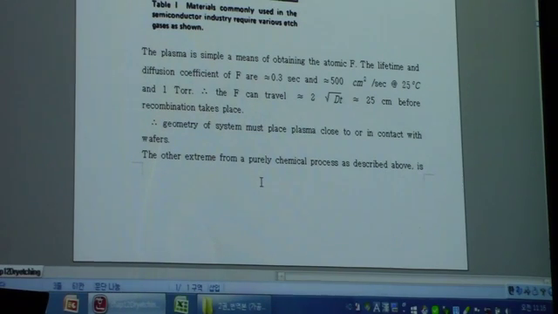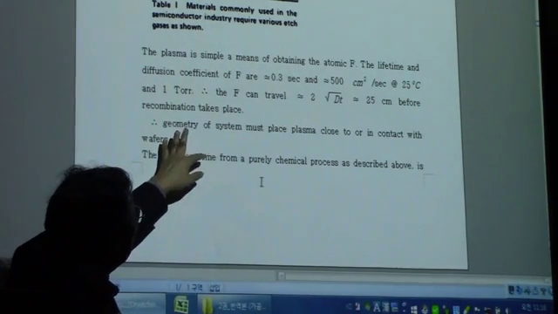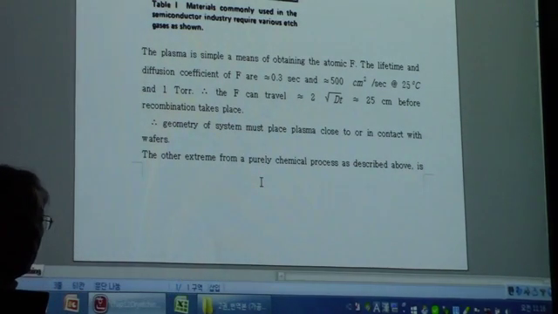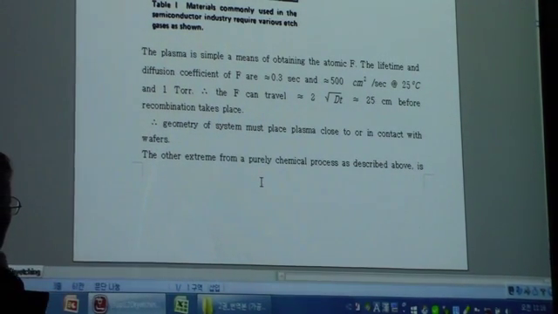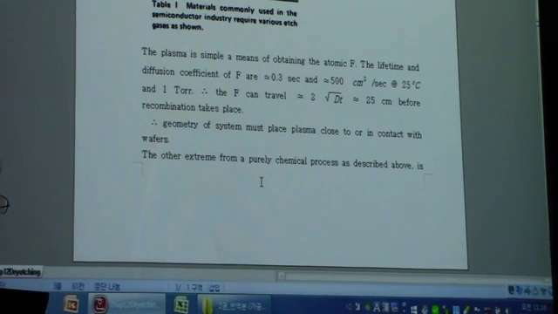Diffusion coefficient, 500 centimeters squared per second at room temperature and 1 torr. Of course, the diffusion coefficient is very much related to the pressure of the chamber of the plasma, right? Therefore, the F can travel about 25 centimeters before recombination takes place.